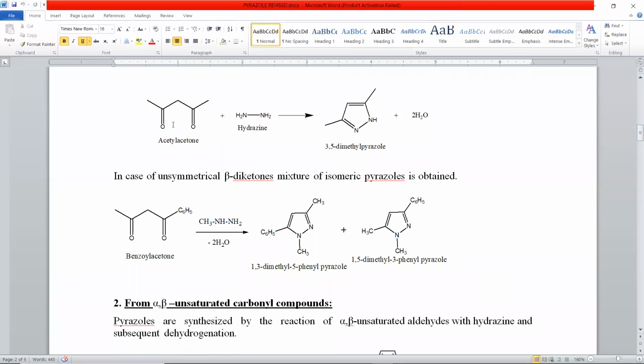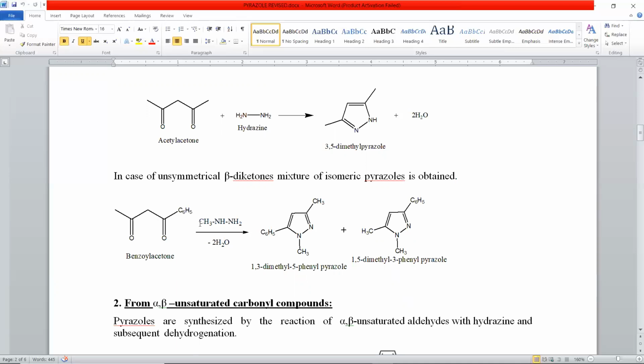Next, suppose the diketone is unsymmetrical. Unsymmetrical beta diketones give a mixture of isomeric pyrazoles. That means these 2 isomeric pyrazoles differ in the position of methyl and phenyl. So this is benzoylacetone. It is a beta diketone which is unsymmetrical.